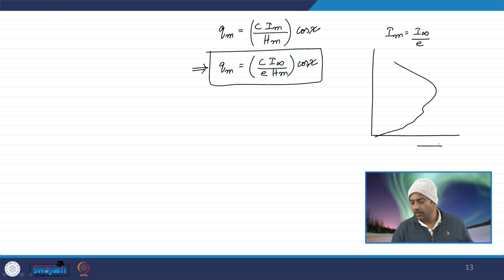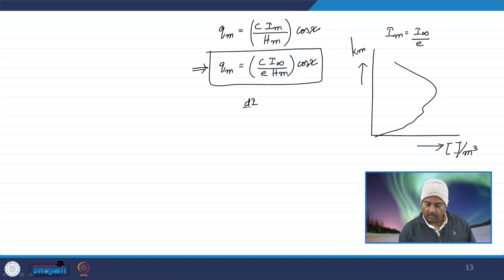So, this is the ionosphere basically. This is number density which is per meter cube and this is kilometer, right. So, maybe we can just go back and see what we have done. We have defined how intensity changes with respect to height, with respect to small s, and how number density changes with respect to small s, and the production seems to be dependent on intensity and number density.